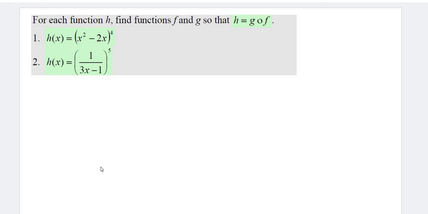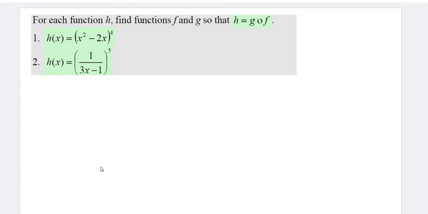Okay, so the important thing here, and it's actually very easy, is to understand what is the inside function. So if it's g circle f, then it means that we must put f into g.